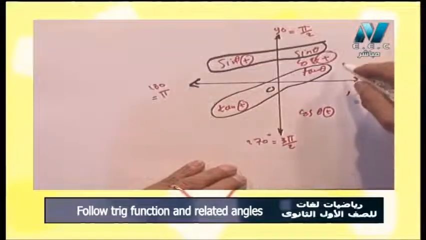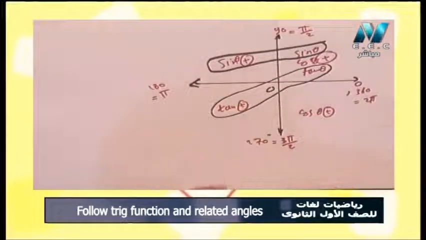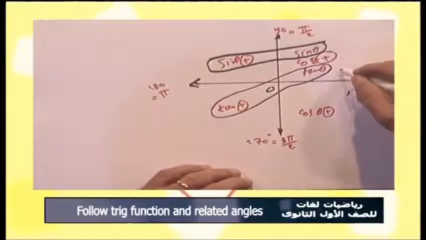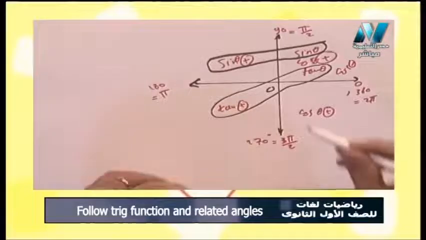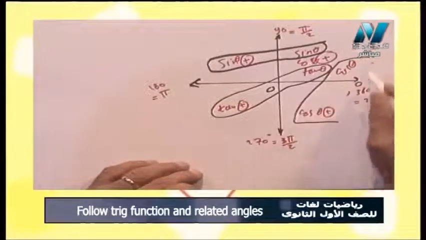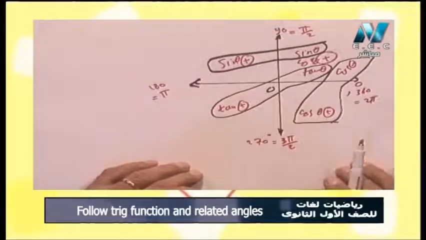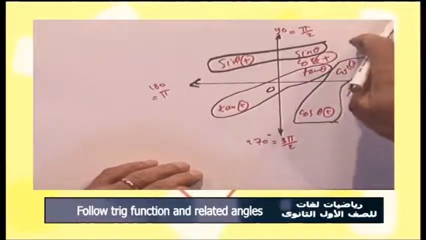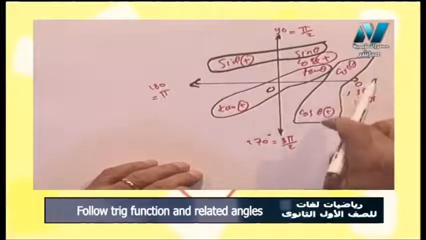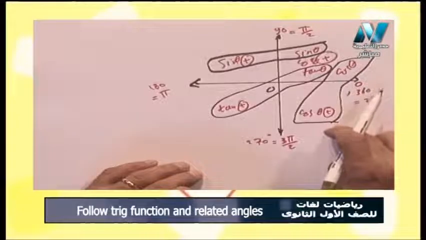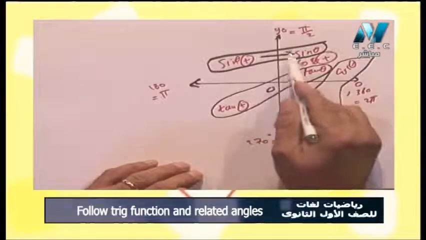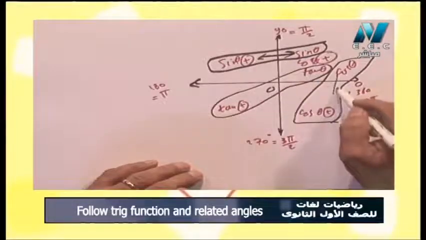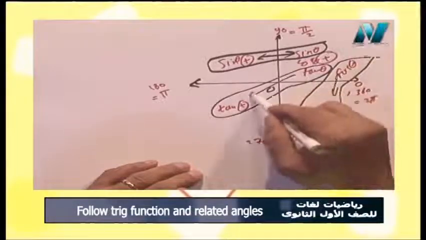And let it be cosine here. We write cosine clearly for you. Cosine theta. And this will be the kingdom of cosine. In the first quadrant it is positive, and it is positive also in the fourth quadrant. So sine positive here, cosine positive here, and tan positive here in the diagonal.